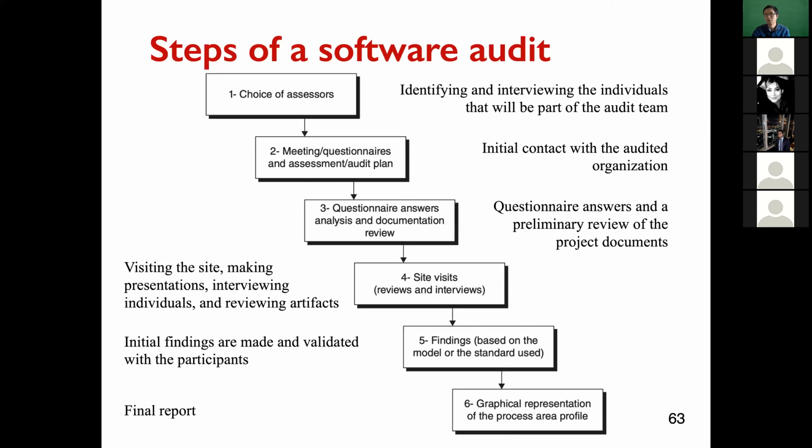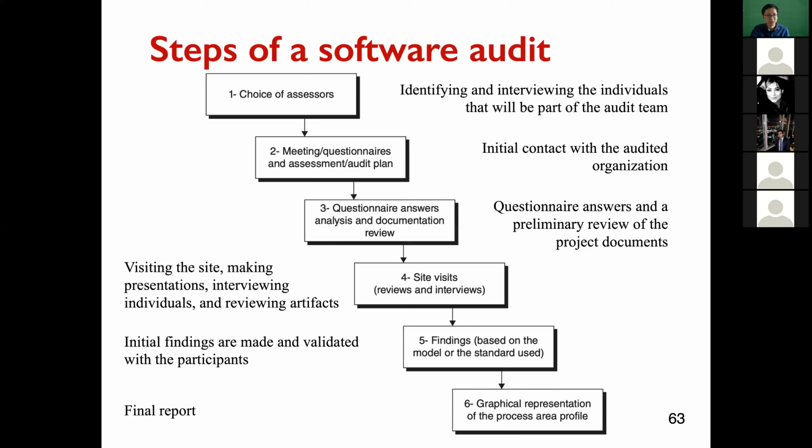The fourth step is the site review, site visits to the campus of our organization. They may interview some of our colleagues to ask questions regarding our process and policies. They may also make presentations to help us understand the auditing process.